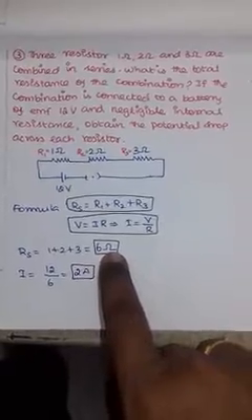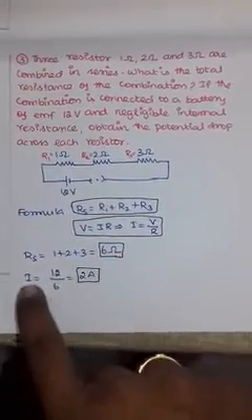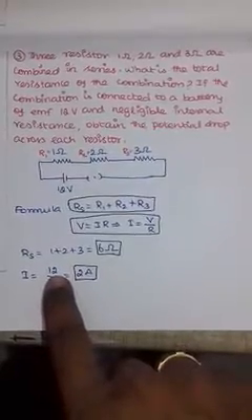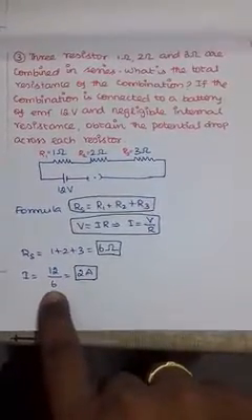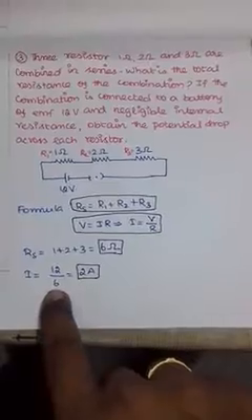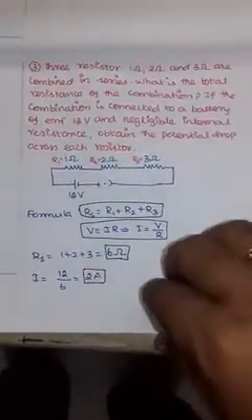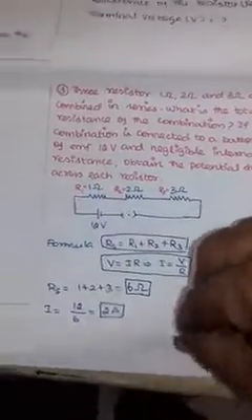That is the total resistance of that circuit, and I is equal to V by R. The total voltage given is 12 volt, and the total resistance we found is 6. So, 12 divided by 6 is equal to 2 ampere. That 2 ampere is passing through that circuit.